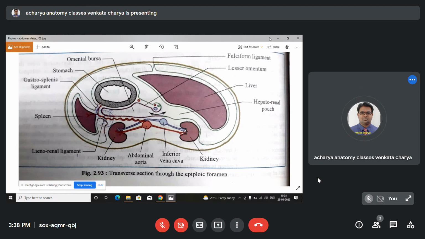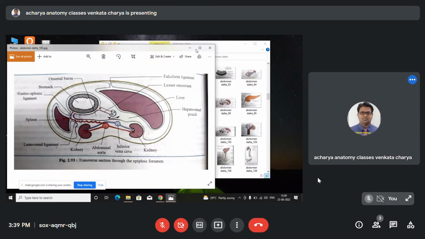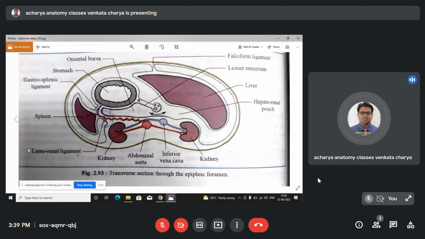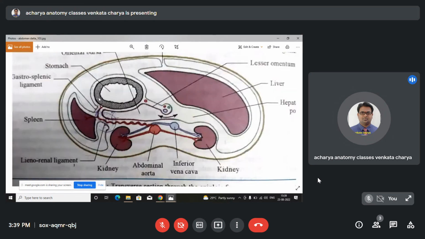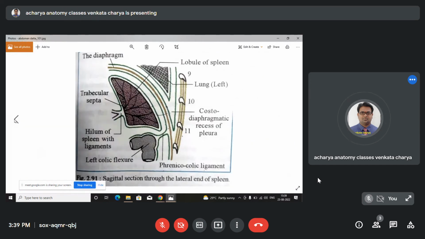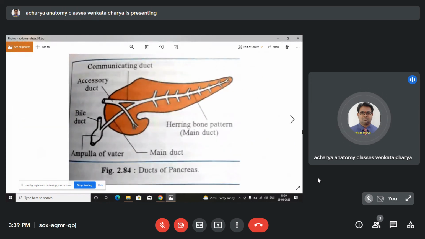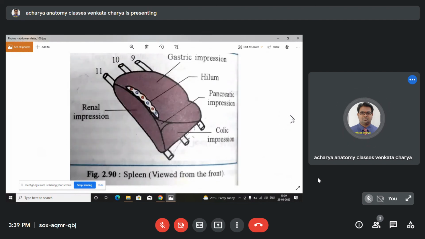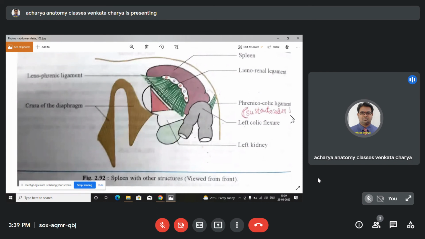Number two, lienorenal ligament. These are the ligaments. So you have to draw these three diagrams: one, two, three.